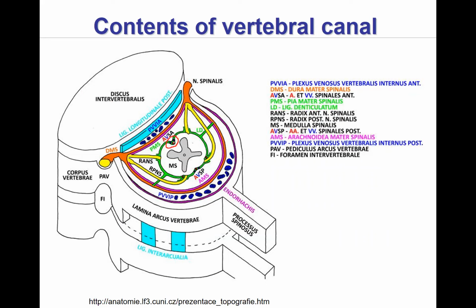The anterior spinal artery is on the surface of the anterior median fissure, and the posterior spinal arteries are usually paired. Some of them run in the midline, but the majority run along the posterolateral groove where the posterior root emerges. They supply the spinal cord like this.